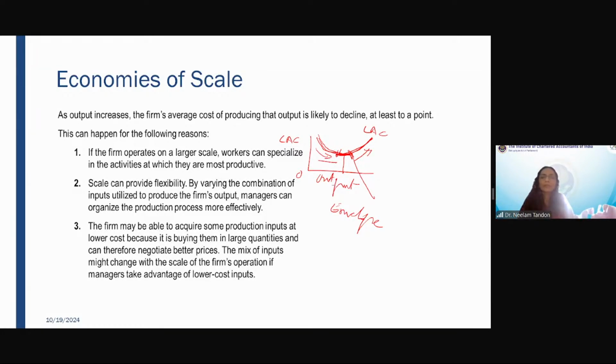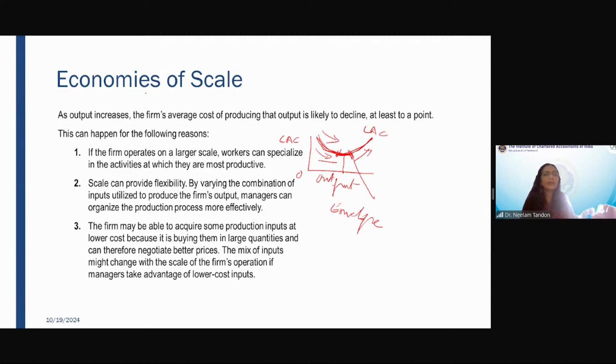Okay, but the point is why LAC is decreasing. What is the reason behind this? What can be the possible reason behind this? This decrease in the average cost curve, as we have shared, is known as economies of scale. Economies of scale क्या होता है? Benefits.